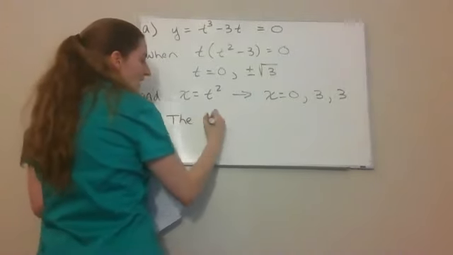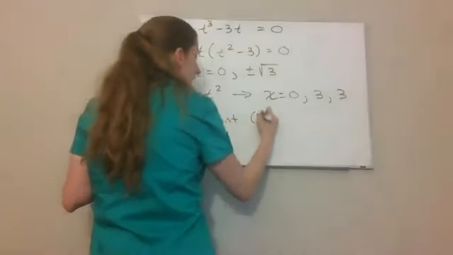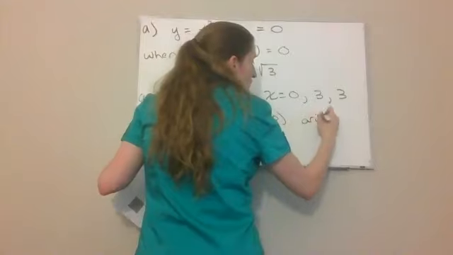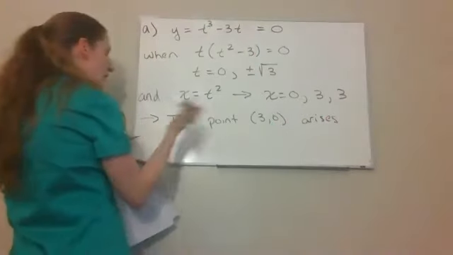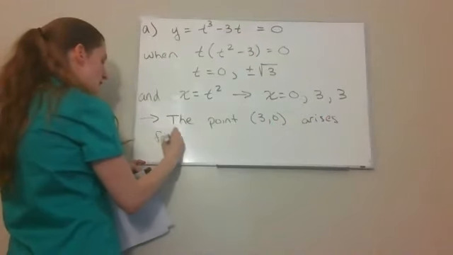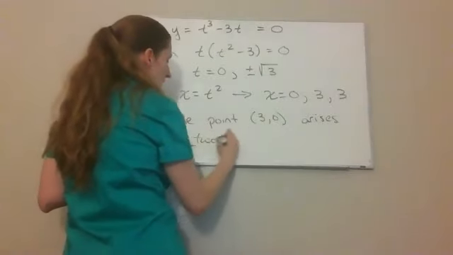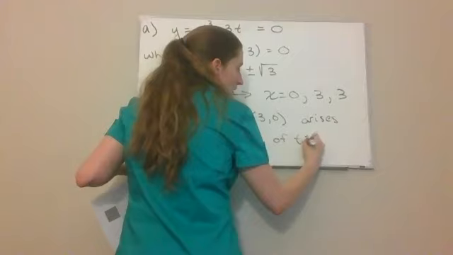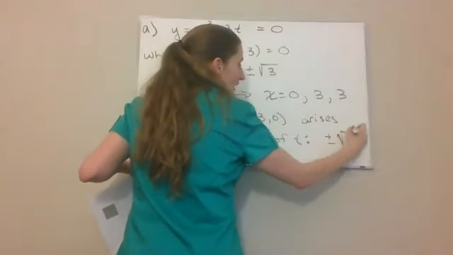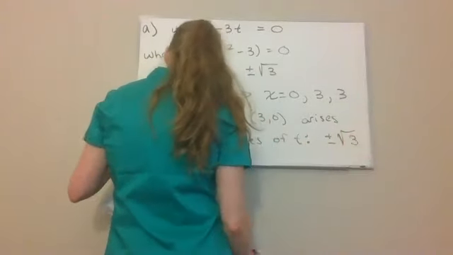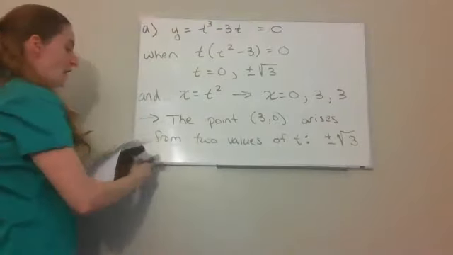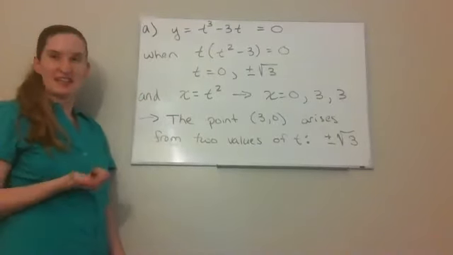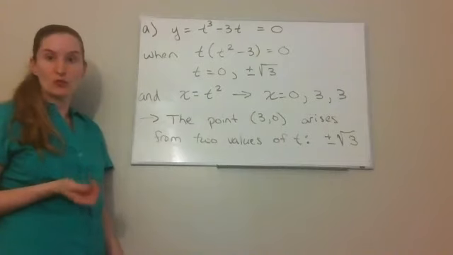So what we're saying here is the point (3, 0) arises from two different values of a parameter, positive or negative square root of 3. So that means if I were to graph this parametric curve, it's going to hit the point (3, 0) two times.